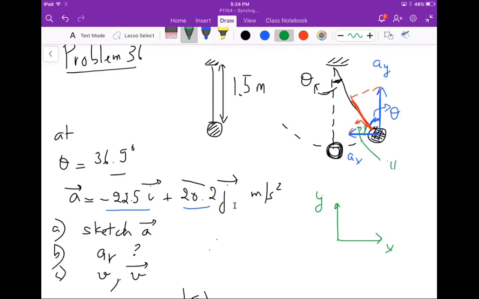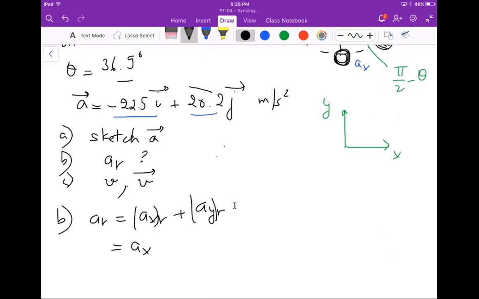And so let's make the projections. So we can simply write AR equals AXR plus AYR. So it is equal to AX times cosine of pi over 2 minus theta plus AY times cosine theta. And if we just replace each term by its value, what do we end up with?